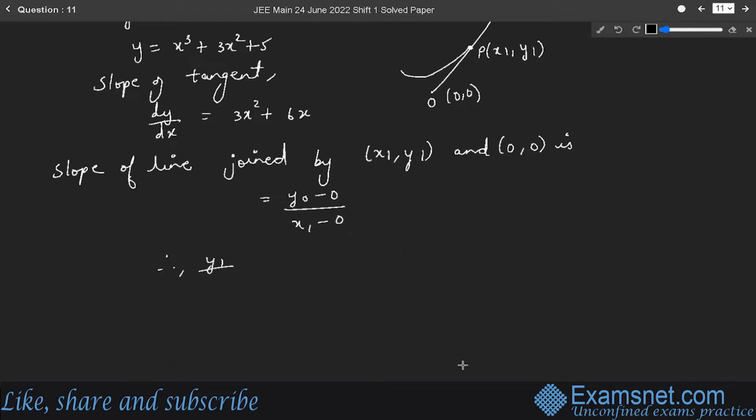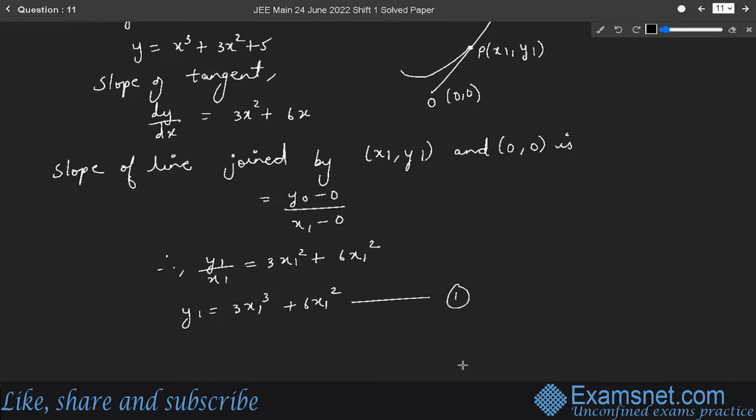Therefore, we can say that y1 upon x1 will be equal to 3x1 square plus 6x1. So y1 will be equal to 3x1 cube plus 6x1 square. Let this be equation number 1.